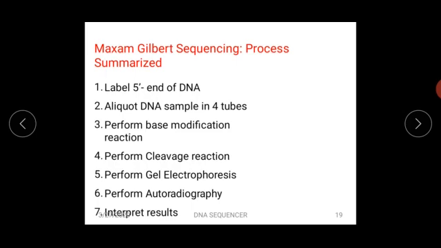After the samples are aliquoted in the 4 tubes, the base modification reaction is started. There, the cleavage happens at specific sites, and a similar process is carried on like the Sanger method, like gel electrophoresis, then autoradiography to understand the banding pattern of the sequence, and the results are interpreted.